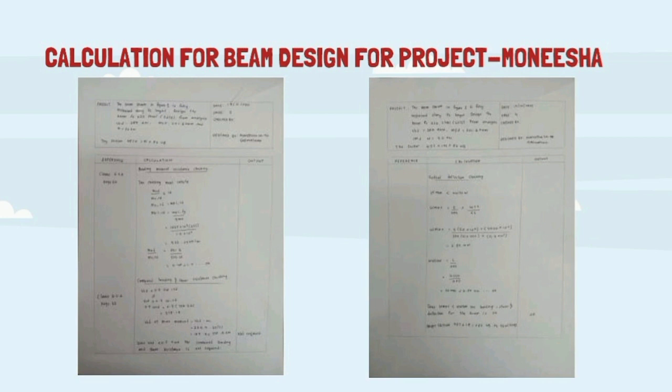Buckling resistance checking. NED over NB,RD less than or equal to 1.0. NB,RD equals chi A Fy over gamma M1. Therefore, buckling curves measure for Y minus Y axis.